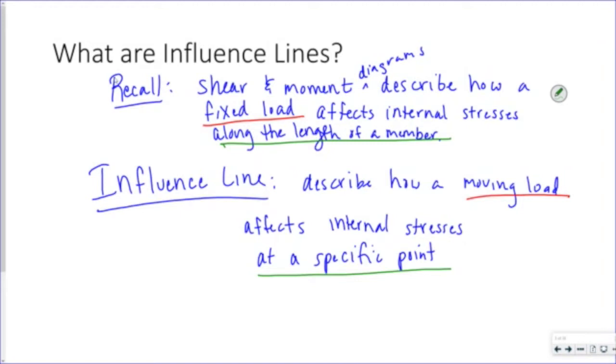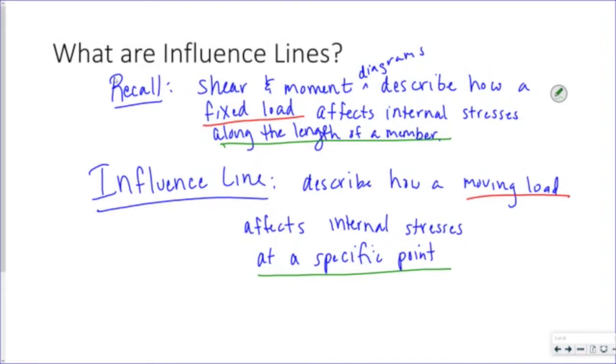Influence lines are used a lot in transportation when designing bridges. Something else that could be moving would be like a crane running along a rail in a manufacturing place, stuff like that.